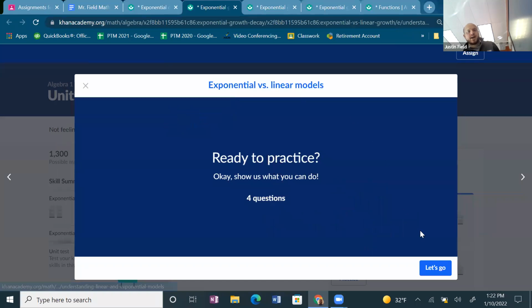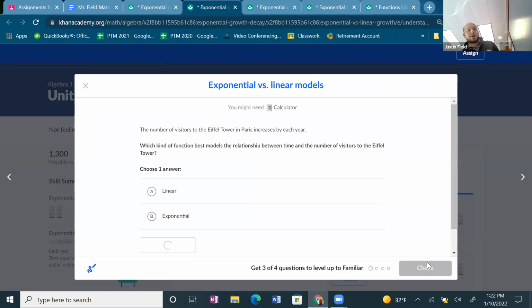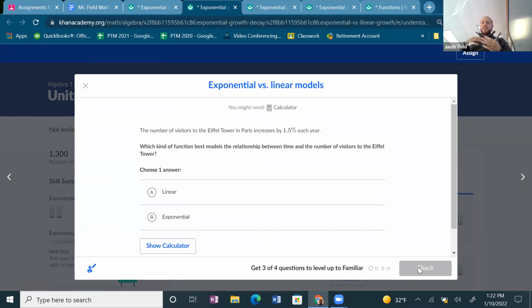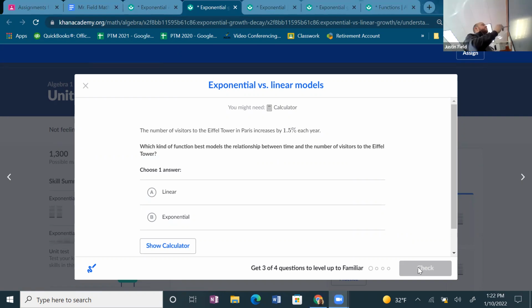Let's look at exponential versus linear models. So when we have a model, it's not going to be exactly a common difference or a common ratio, but it's going to be close, okay? And then the other thing about a model is the growth for a linear model is going to be a specific amount, and then the growth for exponential is going to be a specific percent or growth factor.